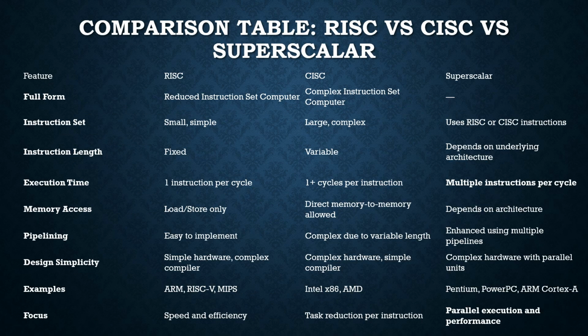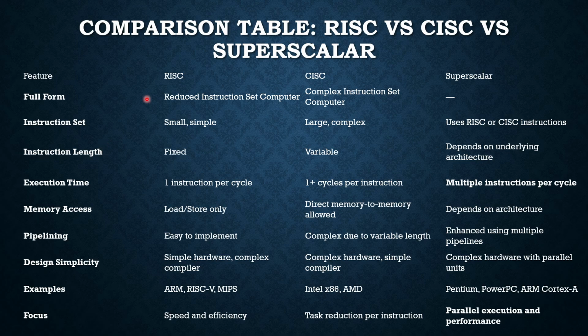Coming to the comparison table of RISC, CISC and superscalar. RISC stands for Reduced Instruction Set Computer, and CISC stands for Complex Instruction Set Computer. Regarding instruction set, RISC is small and simple, CISC is large and complex, and superscalar will use either RISC or CISC based on the application.